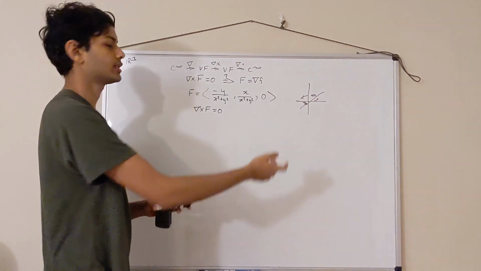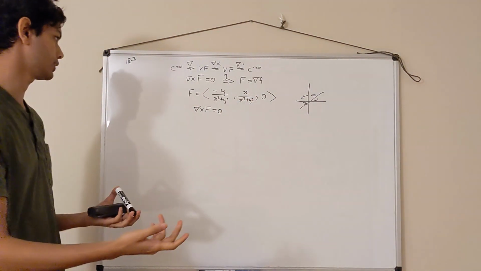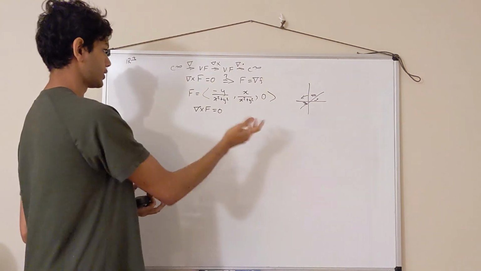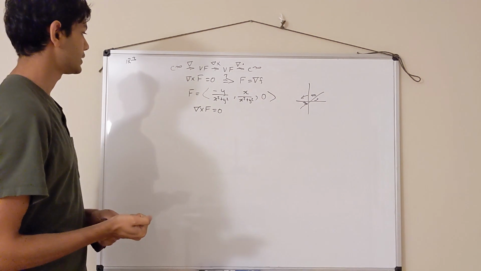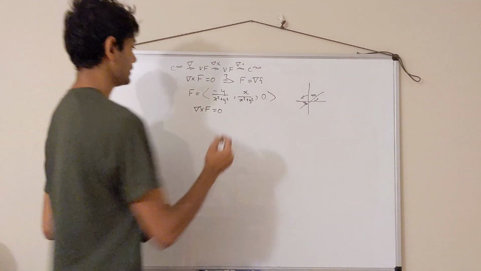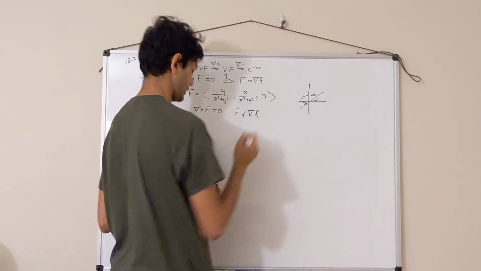But because there's no dependence on z and the last component is 0, those both are going to be equal to 0. And we're going to have that the curl is going to be 0 all throughout. You can check that if you aren't convinced. But we're going to have that F is not equal to the gradient of any function f.